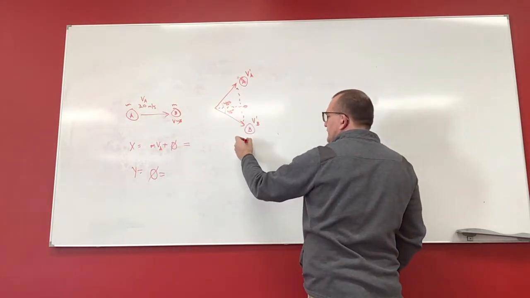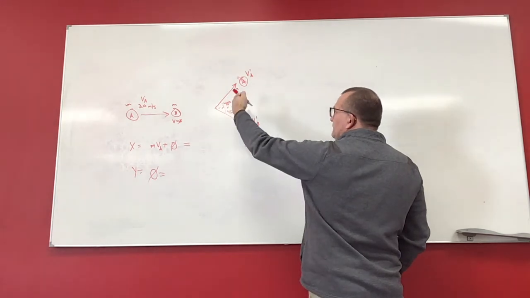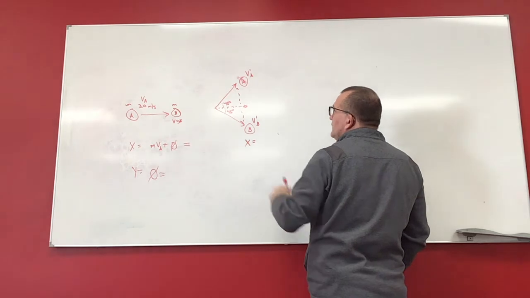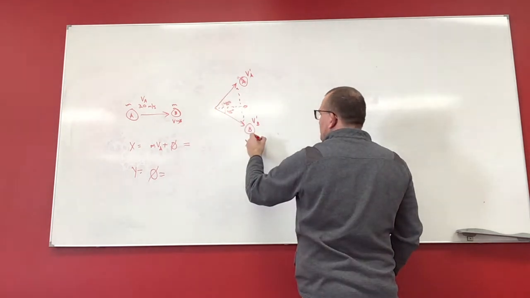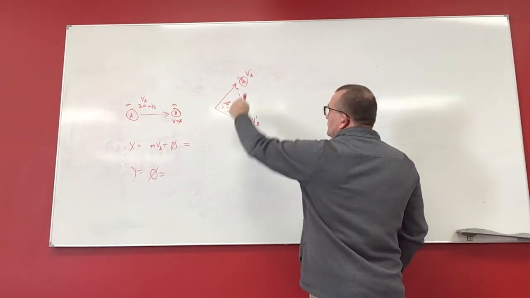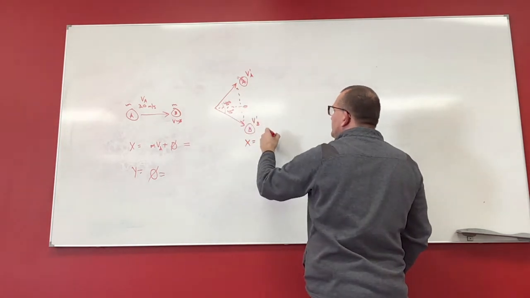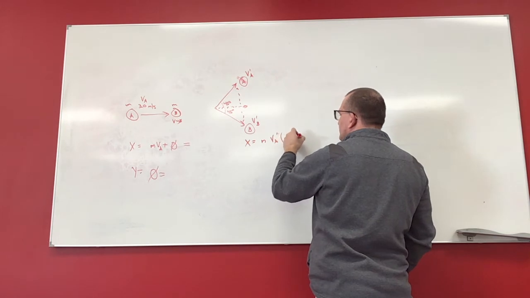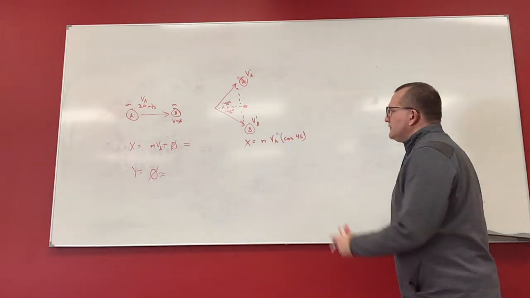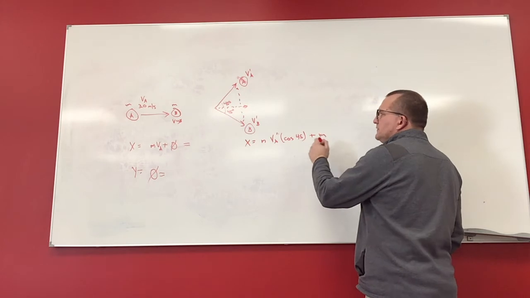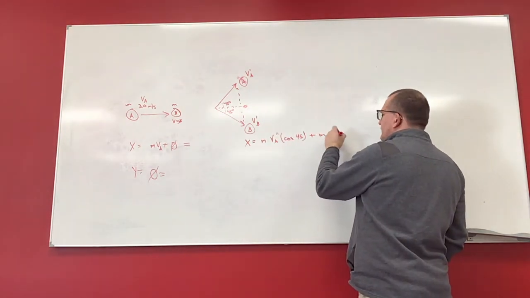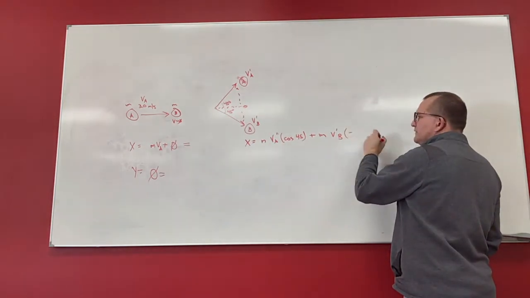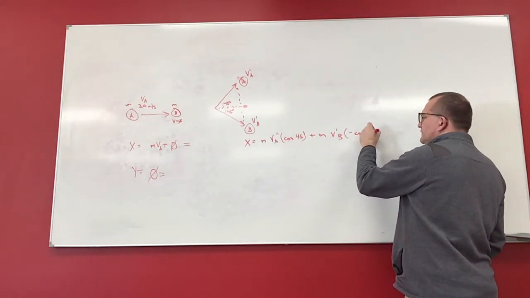So let's look at x first. X in the final momentum is going to be this component, which is going to be cosine. So with my mass m, it's mass times velocity. So for A, it's going to be A's final velocity times cosine of 45 plus m times final velocity of B, and this is going to be negative cosine of 45.